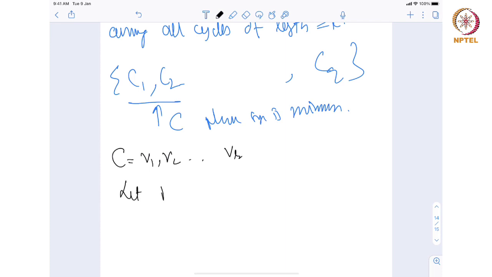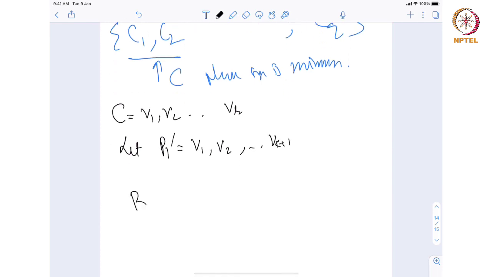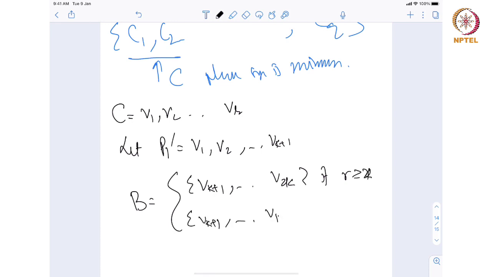Now let P1 prime be V1, V2, up to Vk plus 1. And now I define B, this is important, as Vk plus 1 to V2k if r is greater than or equal to 2k, and Vk plus 1 to Vr if r is less than 2k.